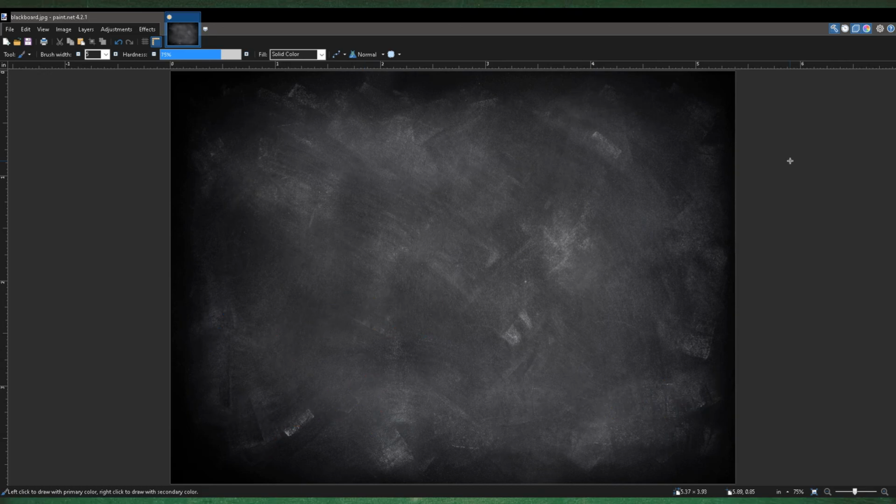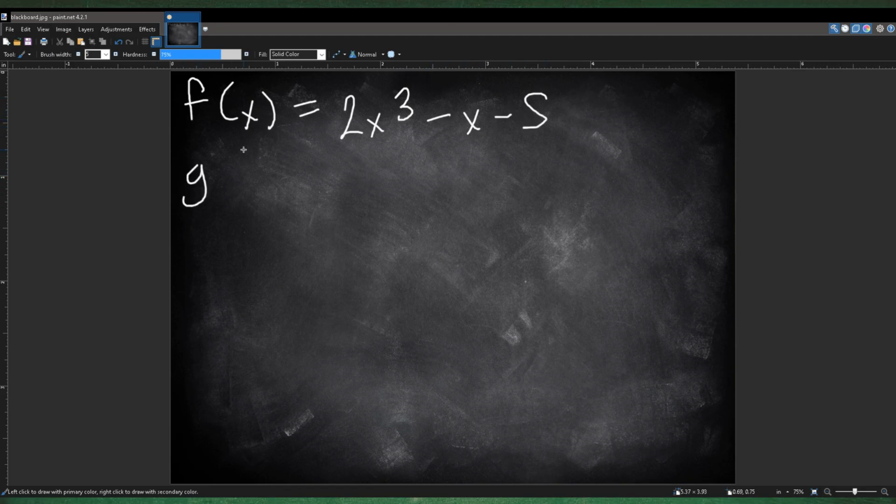Now let's try something that incorporates a lot of these rules. So let's say we have, using the same equations, f of x is 2x cubed minus x minus 5, right? And we have our g of x, which is equal to 2x squared plus 3.